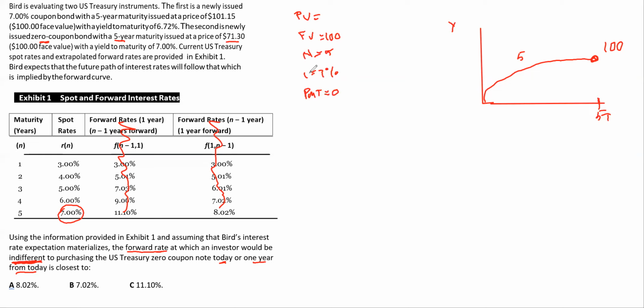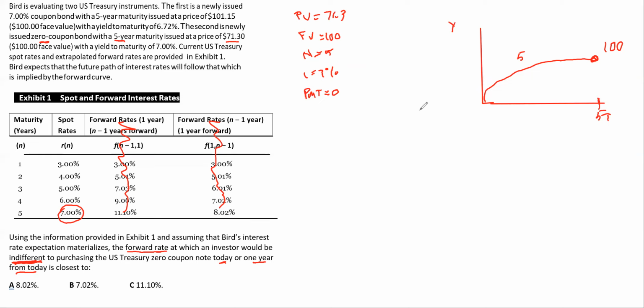If you use your financial calculator, you'll get 71.29 or something. They've rounded off to 71.3. You can use the time value of money buttons to help you out. This is where the calculation comes from, but that's not necessary for our discussion.